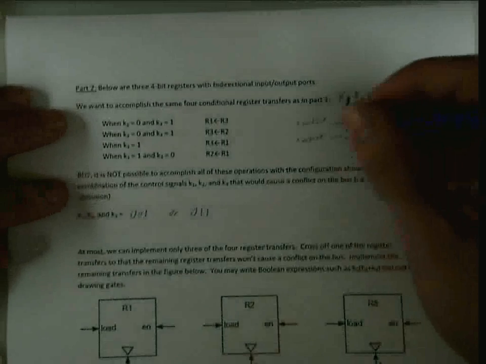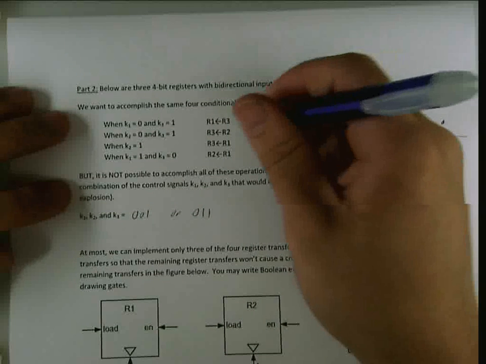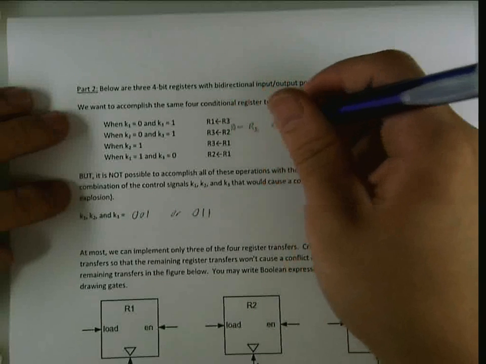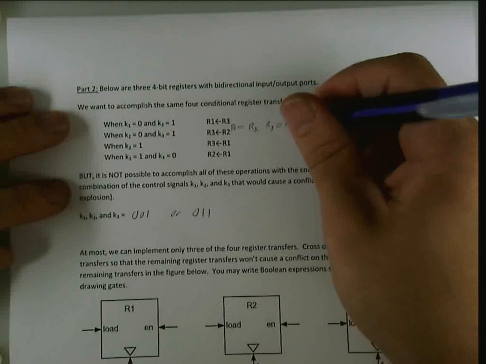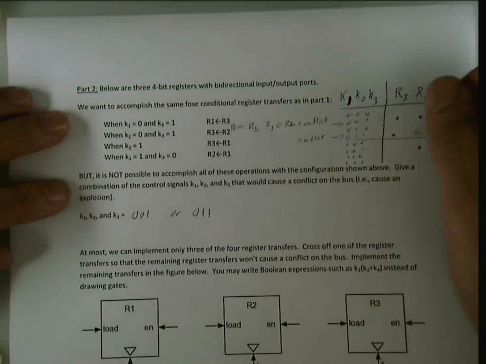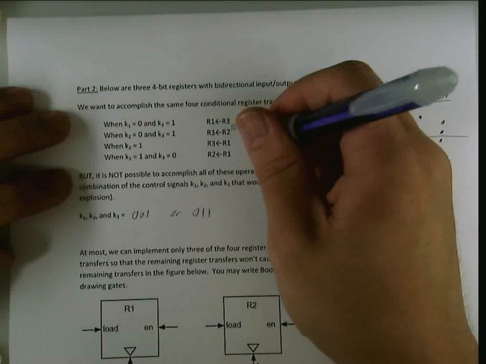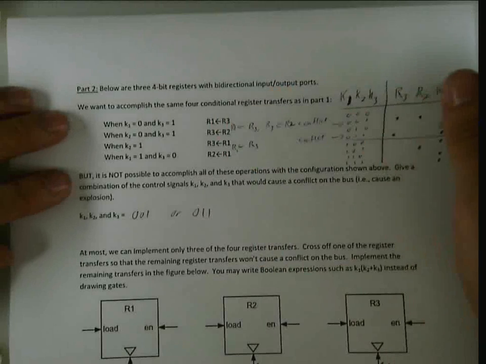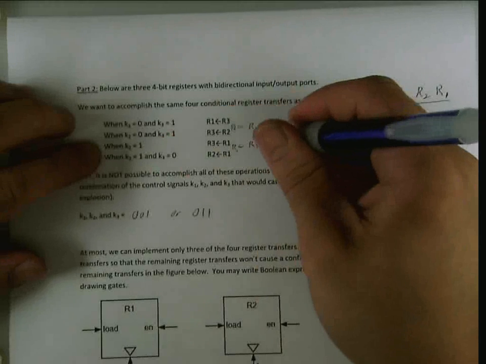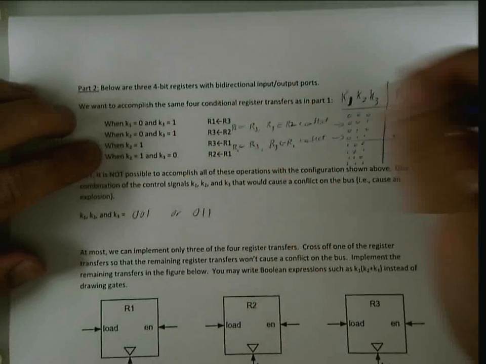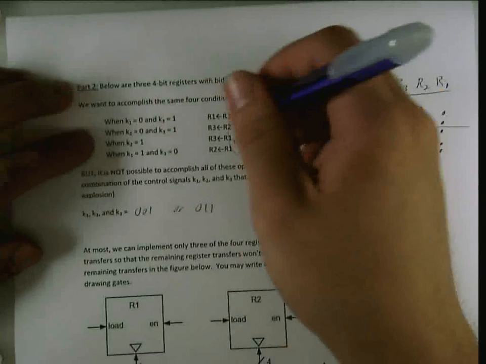And so what we want to figure out is what two commands were on here. We had R3 into R1 and R2 into R3 for one, and this one had R3 into R1 and R1 for 0, 1, 1. Both of these have R3 into R1 in common, so we want to eliminate R3 into R1.